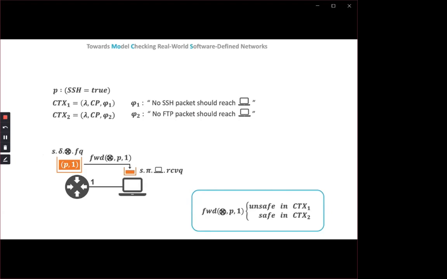The pair packet P, port 1 enables a forward action. This forward action is an unsafe action in context 1 because it is observable for the property phi 1. It is, however, safe in context 2. In the paper, you can find the safeness predicates for 5 action sets of our model.